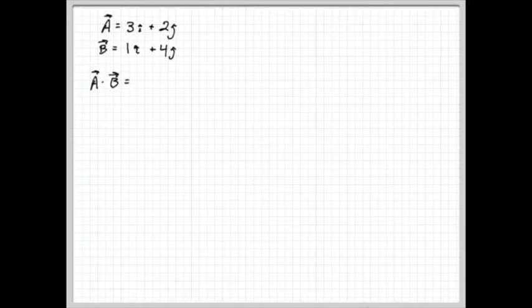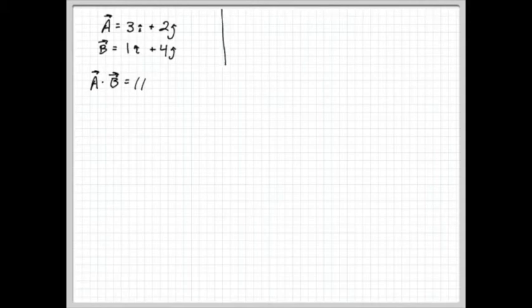Vector A was components 3 and 2. Vector B was 1 and 4. Now we already found out that the full dot product of this was 11. Now what if I wanted to know the angle between them?